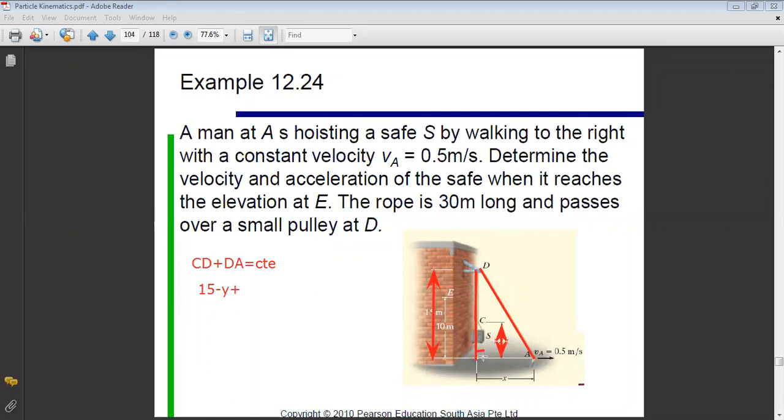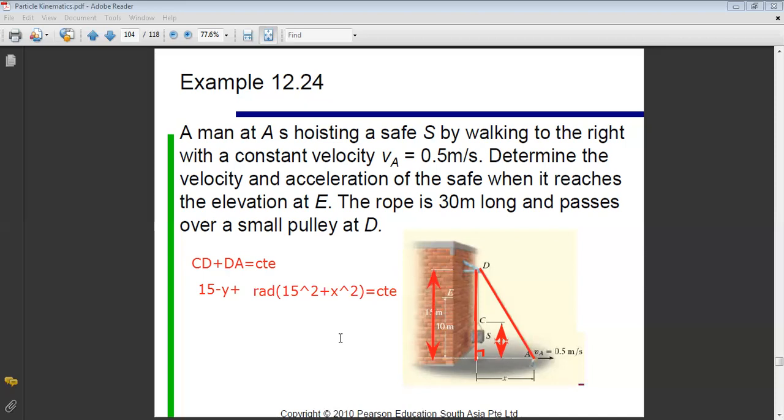So from the Pythagorean theorem, dA is simply a radical of this distance from D to the floor, which is fixed, which is 15 meters, so 15 squared, plus this distance from here to A, which is variable, equal to x, so plus x squared, equals a constant.